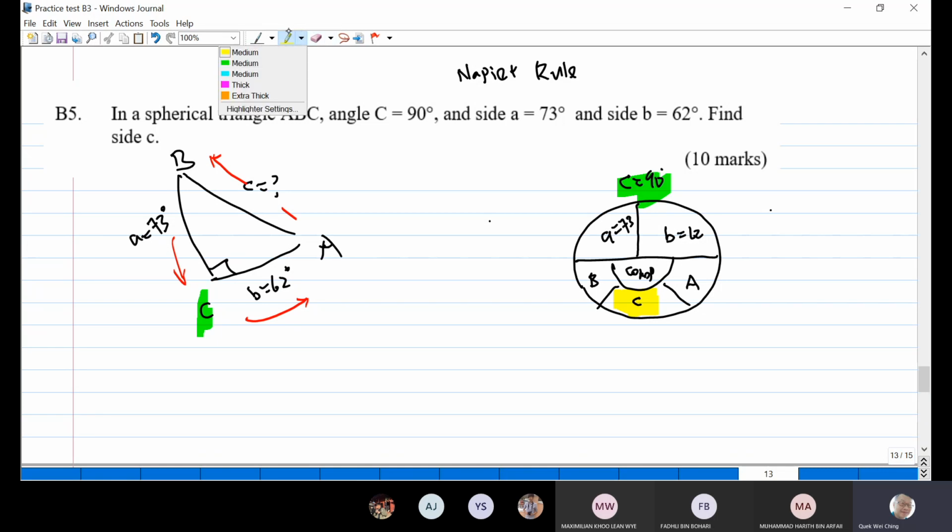C is opposite A and B, so you can use it. Napier's rule says the sine of the middle part is equal to the product of cosine opposite.